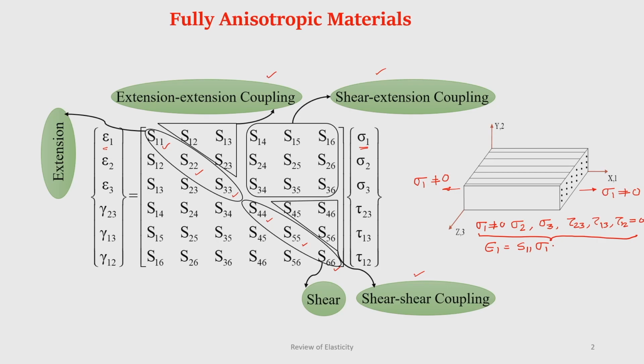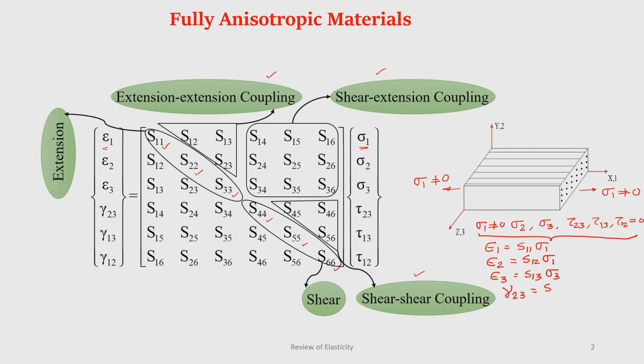Because of the existence of sigma 1, there will also be epsilon 2. What is epsilon 2? S12 sigma 1. There will also be epsilon 3, S13 sigma 1. There will also be shear strain gamma 23. What will be that?